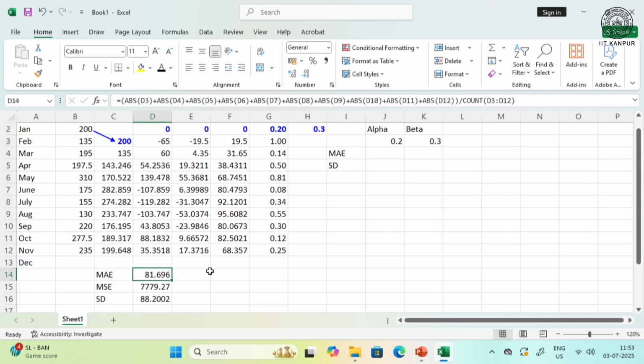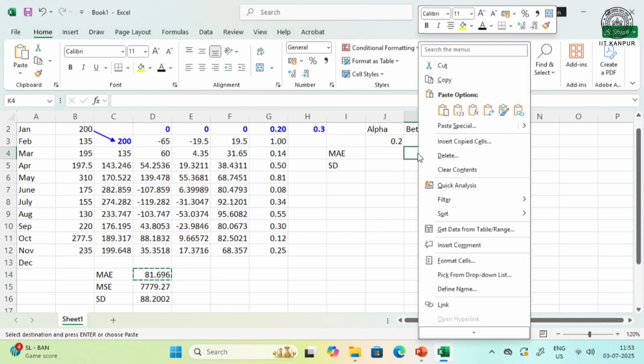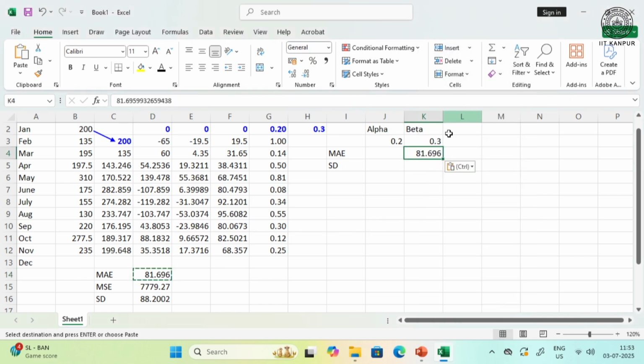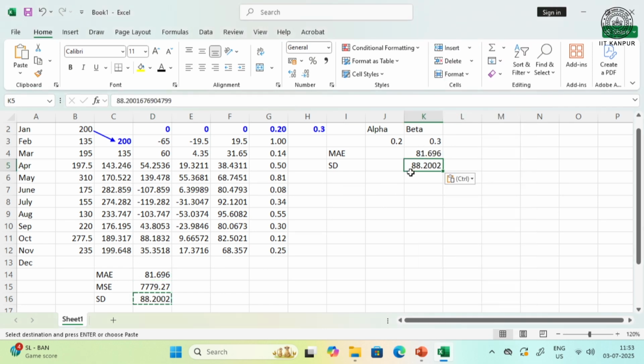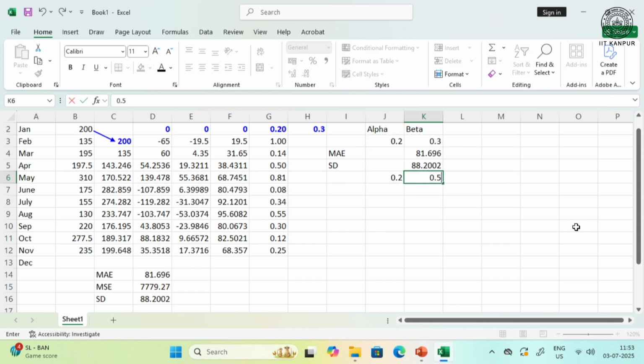I will copy the values. Now, if I change it, 0.2, 0.3 now becomes 0.5 beta.